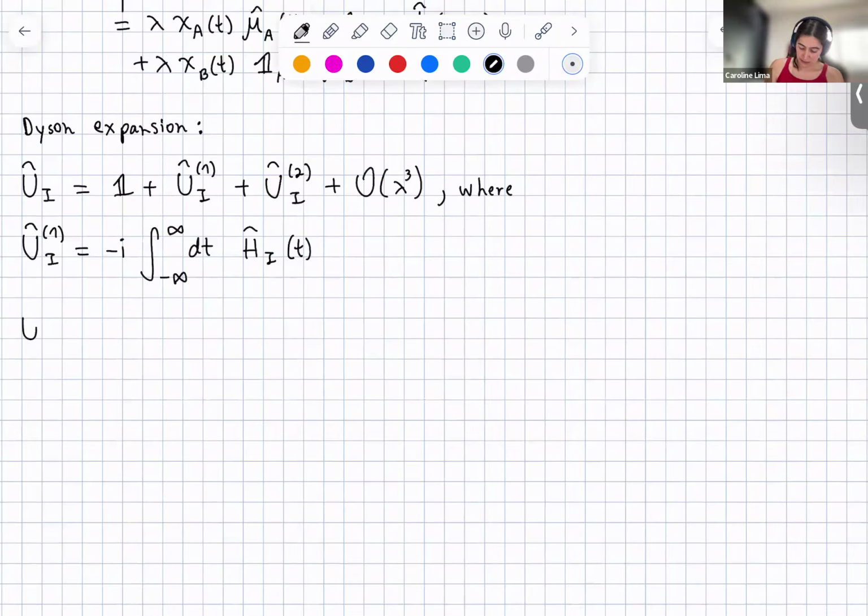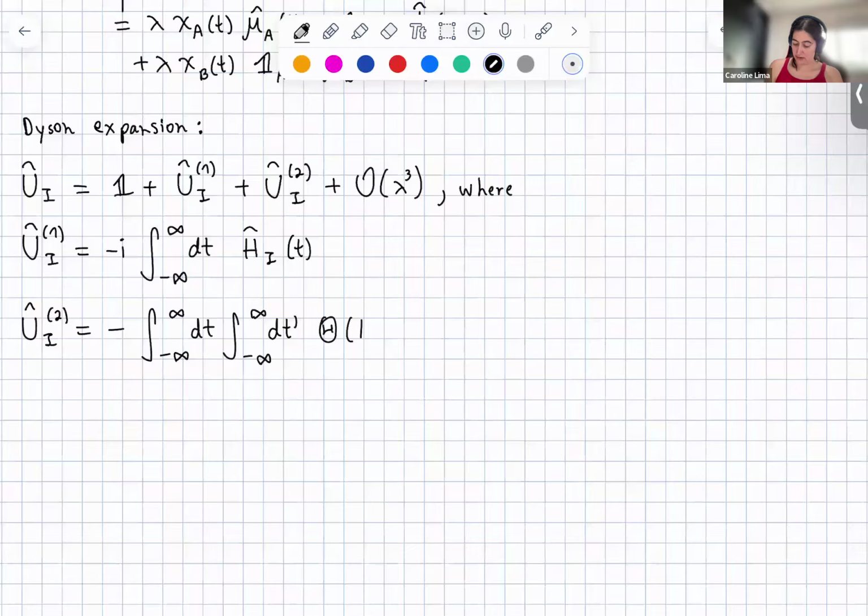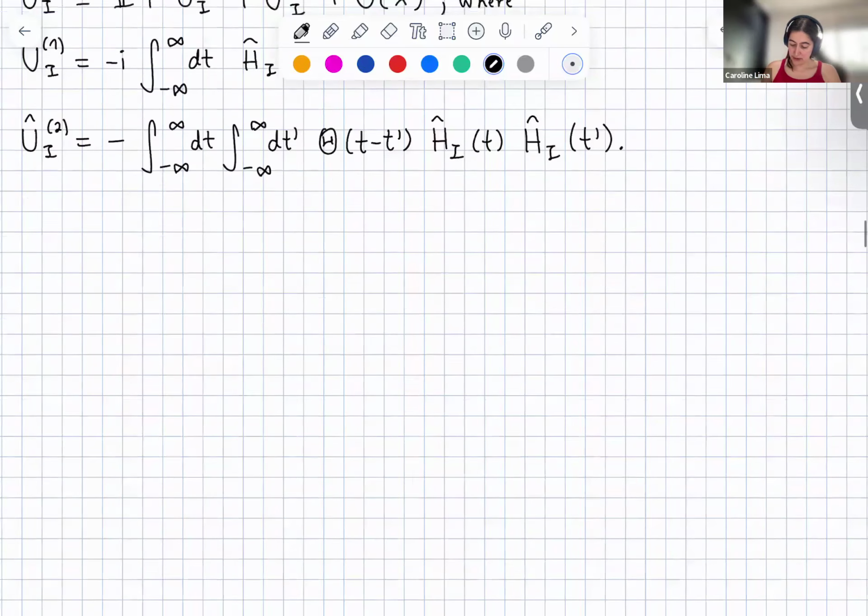So just reminding you, the second order is going to be minus integral from minus infinity to infinity of dt, minus infinity to infinity of dt prime. Oh, and then there's the Heaviside, t minus t prime, right? And then the Hamiltonian at t prime, right?